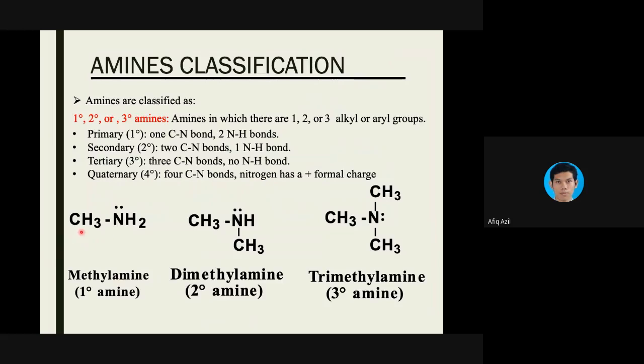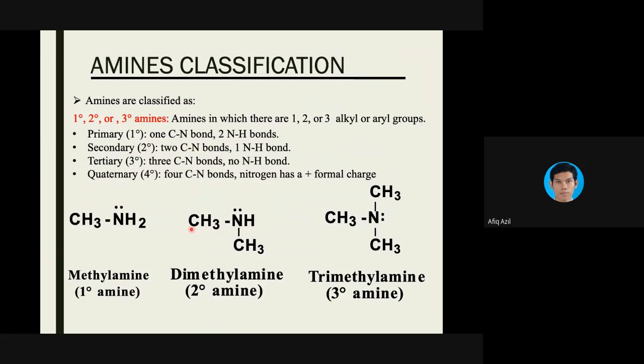Here is an example. For primary amine, you have NH2 bonded to CH3. So there is one C bonded to N, and two N bonded to hydrogen, so you have two NH over here. Then for secondary amine, you have one NH and two CN bonds, CN, CN, in which you have CH3, CH3.